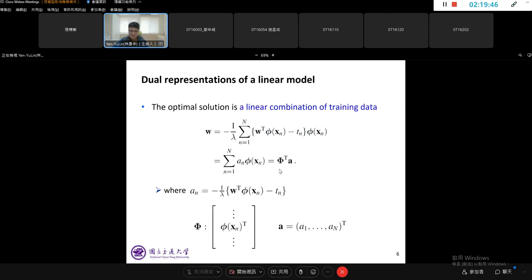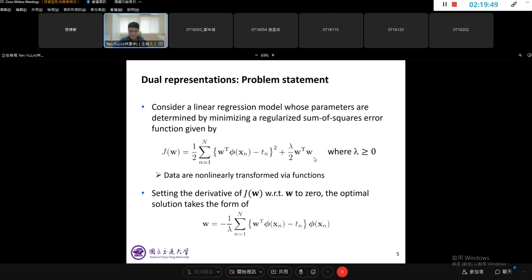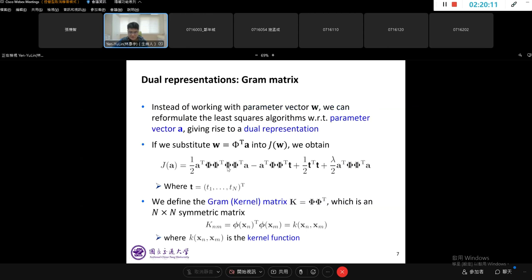Let's look at the definition of J of W. J of W is the regularized sum of square error. W now is replaced by phi transpose A. So we will get this equation. Actually, it is equivalent to the original one.